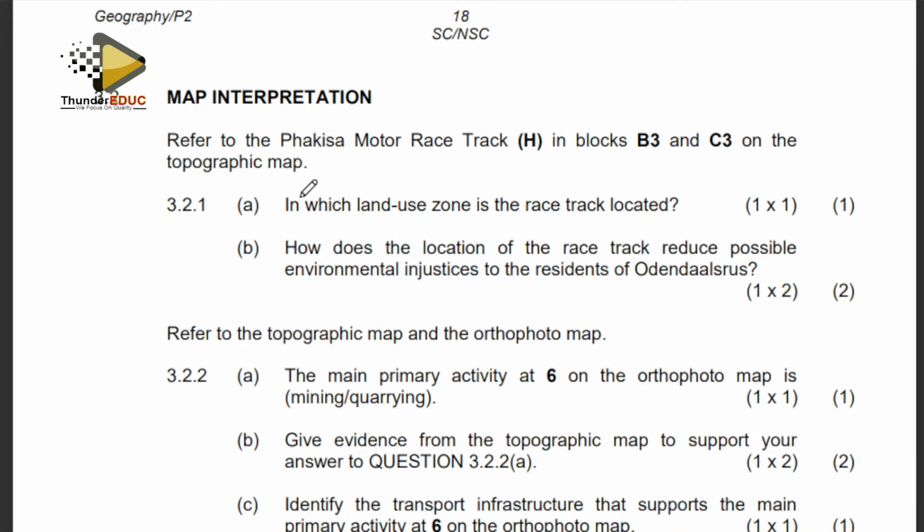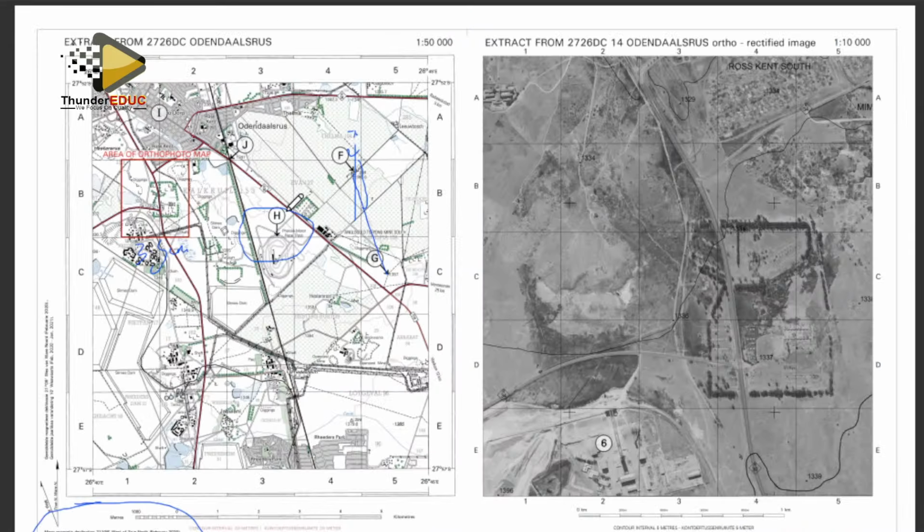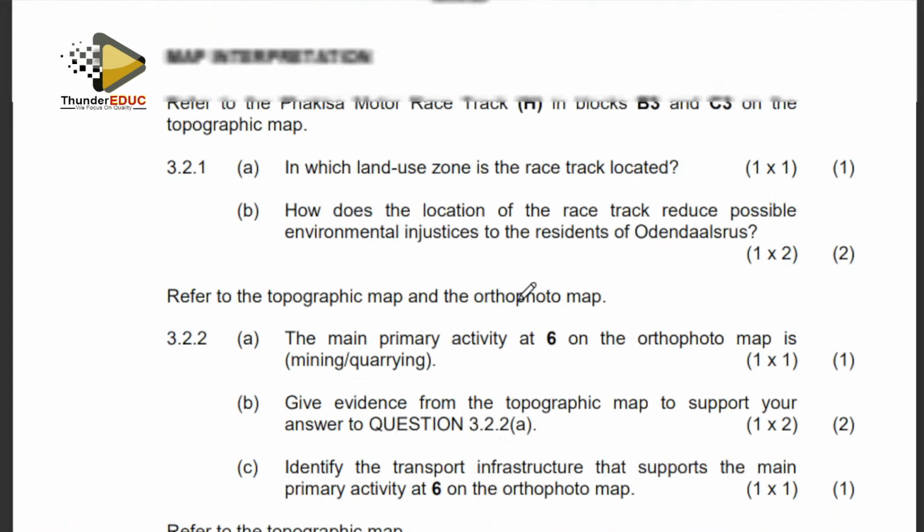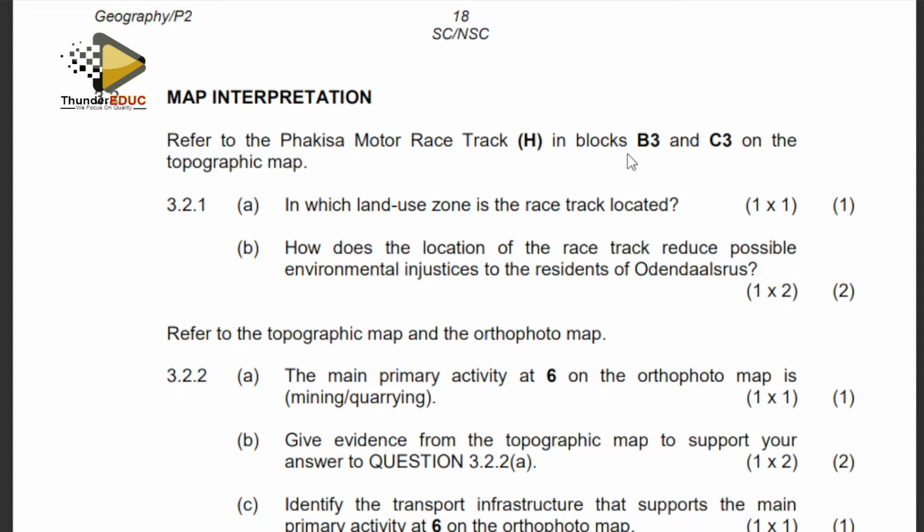On the topographic map, in which land use zone is this located? So please, learners, understand. Here, when you look at the map, you can even locate where it is. However, this is a trick for you to remember that the following are located in the following land use zone. Okay, number 1.